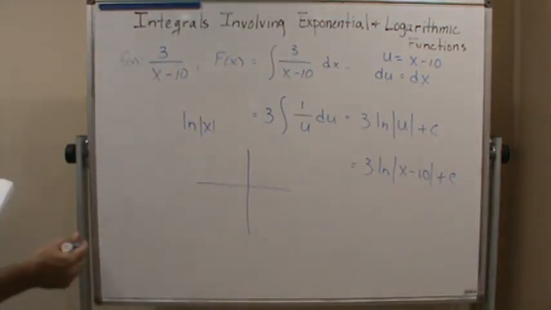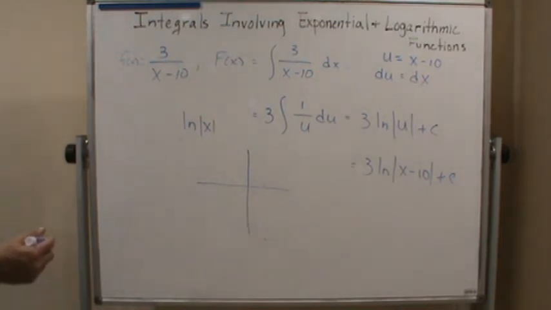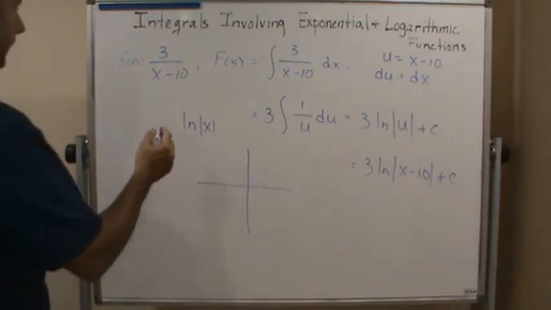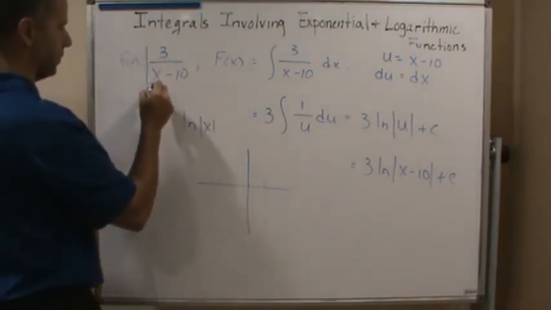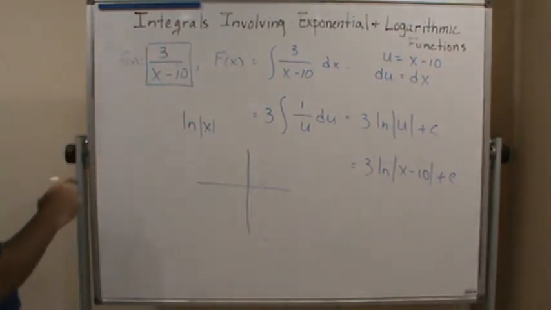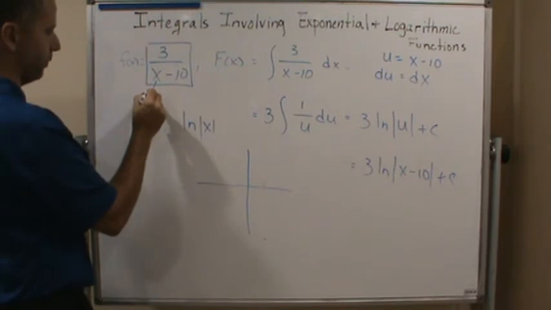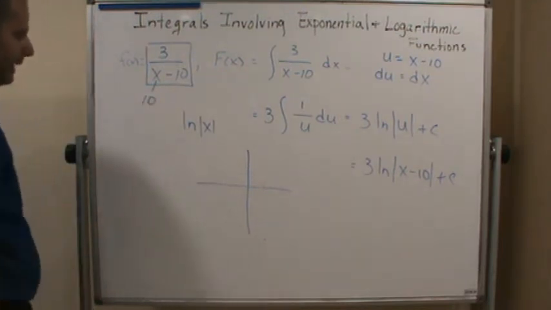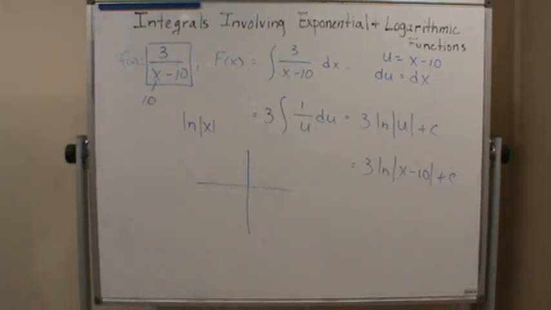It's going to be going back here. This function here, right? So we're trying to find the antiderivative of this function here. Notice in the domain here, we cannot have 10. 10 is restricted from the domain.